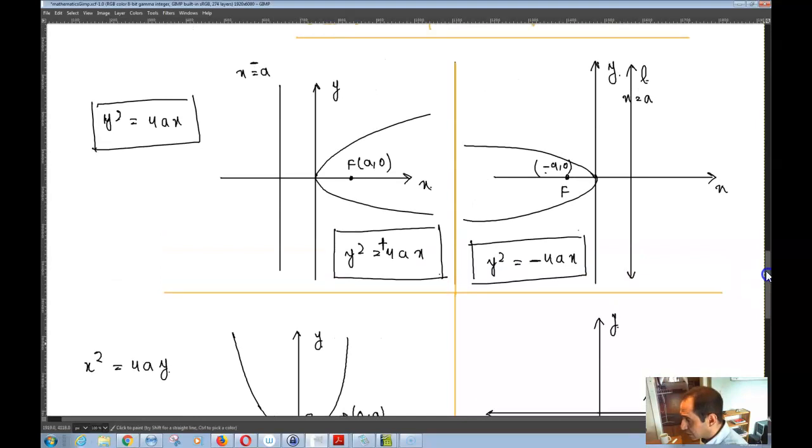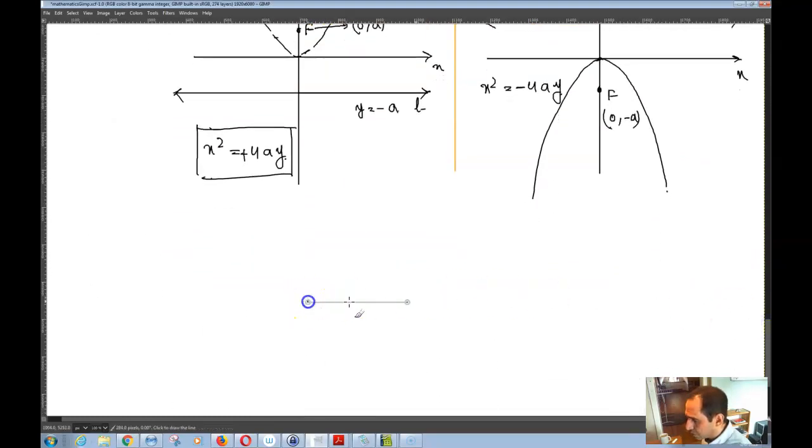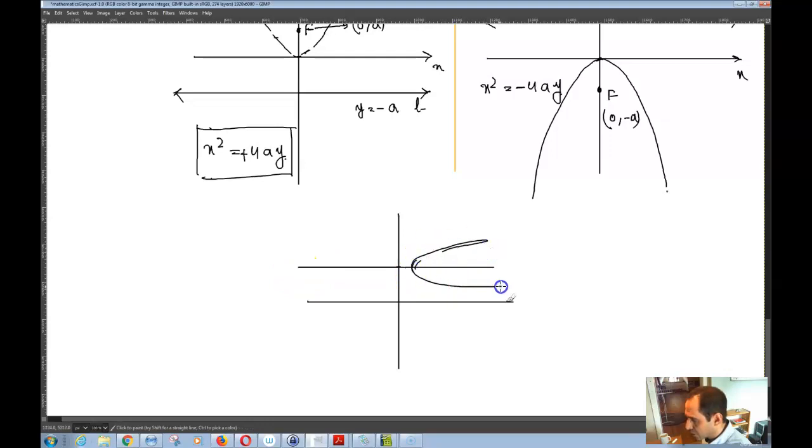So what that means is that if the axis of the parabola is either horizontal or vertical, well, we are not talking about parabolas shifted around, for example, this parabola over here. Of course, you could have a parabola with the axis over here, something like this, and even shifted to the right a little bit, with the vertex over here.